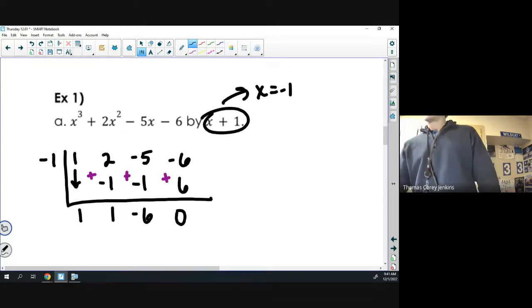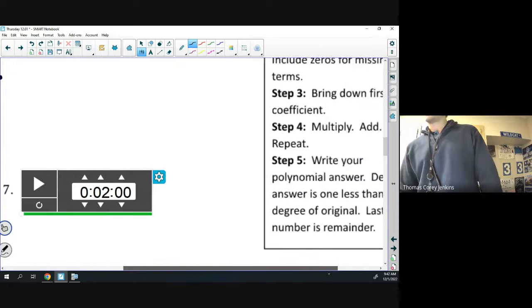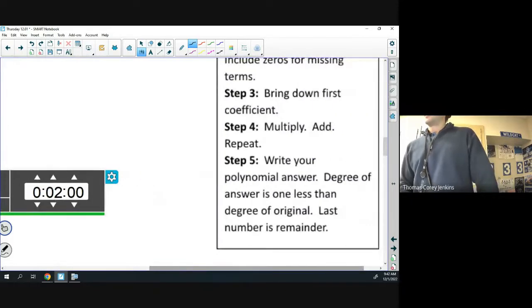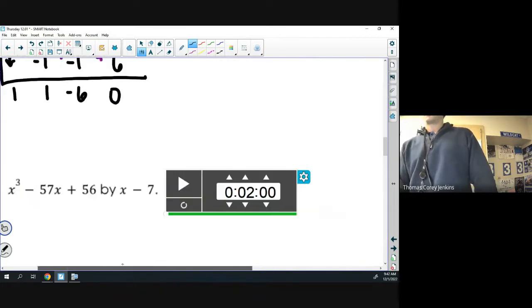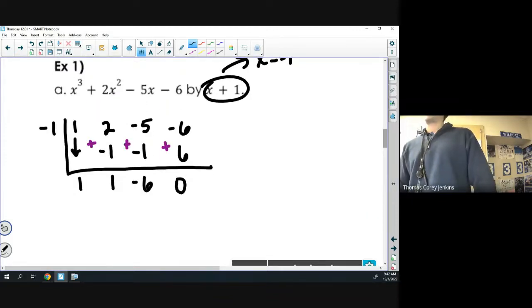Let's focus on this little sidebar here, specifically step 5. Write your polynomial answer. The degree of the answer is always 1 less than the degree of what we divided into. I would maybe highlight that. The last number is the remainder. What we were dividing into in this case was a cubic, so my first term is a second degree term.